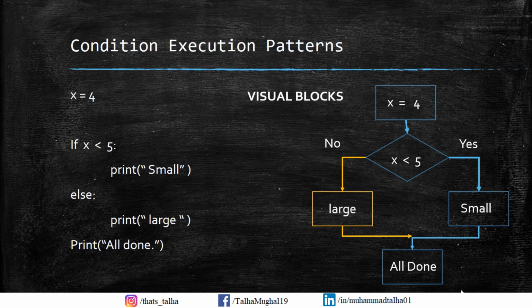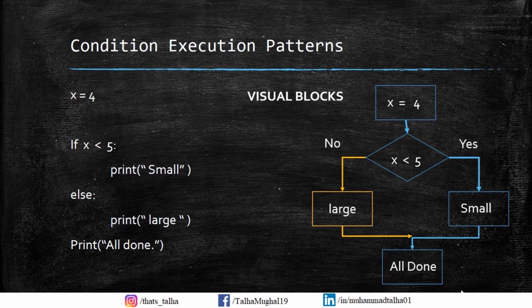We will use this visual block to understand what is actually going on. So at the very start, we had assigned the value of 4 to the variable x. After that, we have defined a condition which is x is less than 5. Now if the condition is satisfied, the program will move to the right side and it will print out small, and after that it will print out all done.